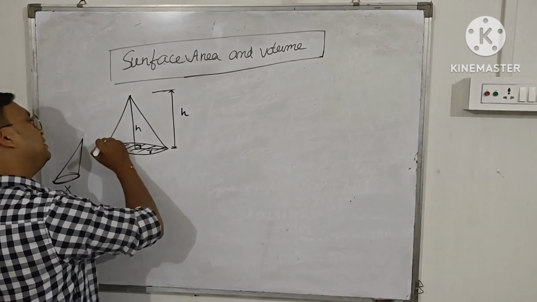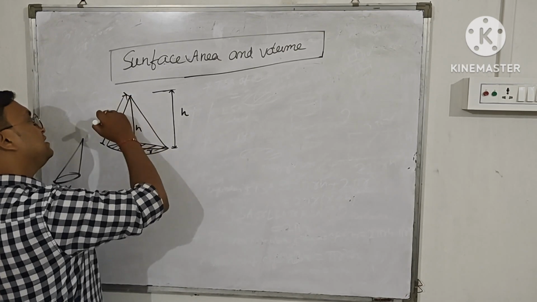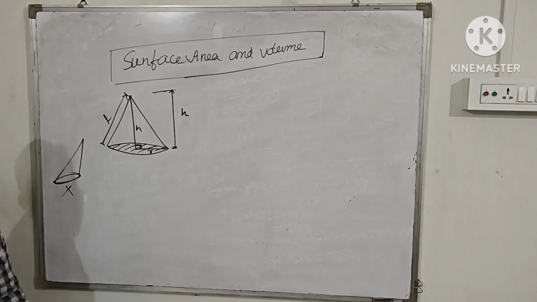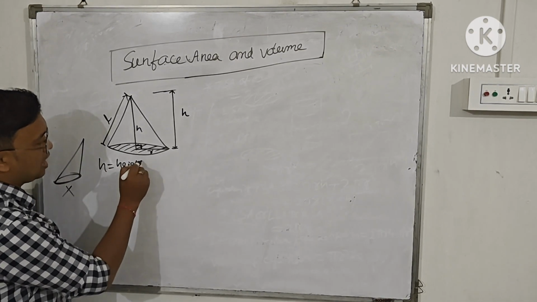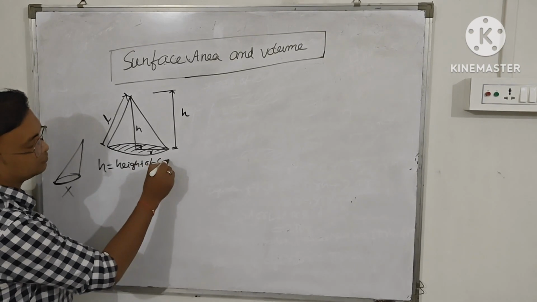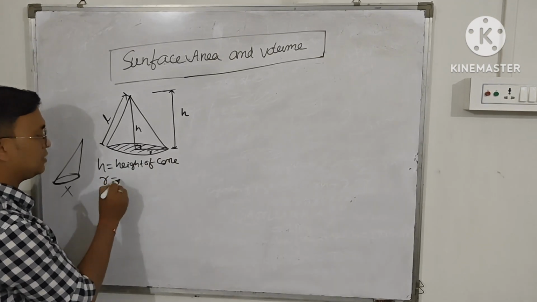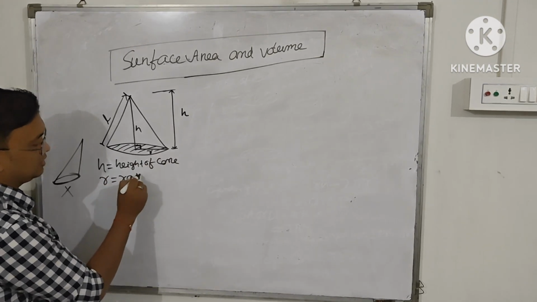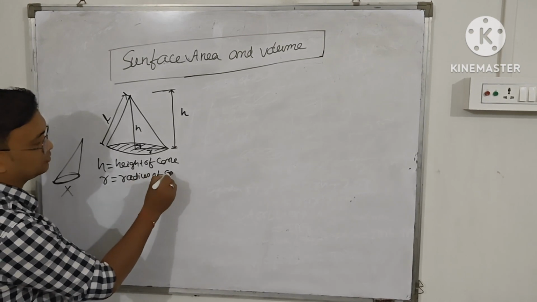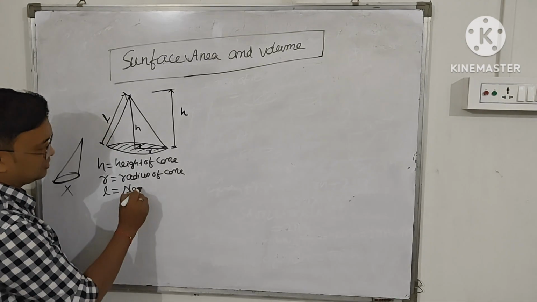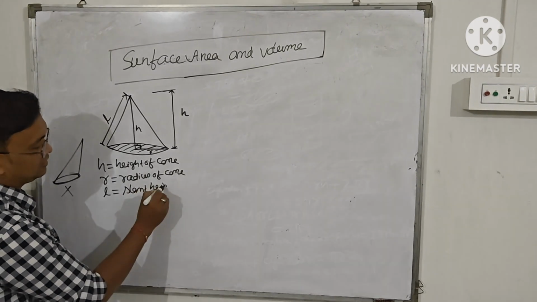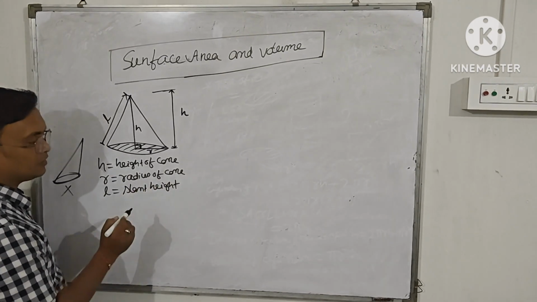Then what about this inclined length? This is known as slant height. Here h equals height of cone, r equals radius of cone, and L equals slant height or inclined height, tilted height.